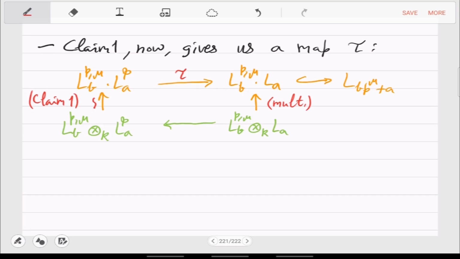Right, so you can think of this as a commutative diagram which takes from LBP mu LA tensor product to LA phi, then it multiplies, which is there is no information loss, and tau maps that thing to LBP mu LA. What is the map? I mean, phi is essentially this Frobenius map. So if you apply the inverse Frobenius, then every element on the LHS has an associated natural image in LBP mu LA.